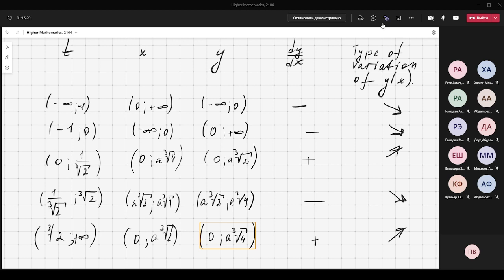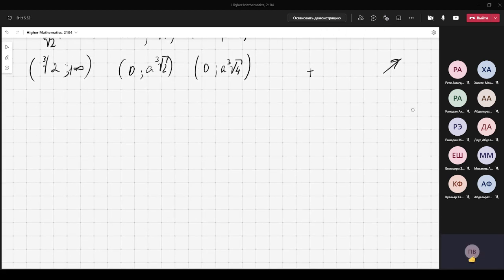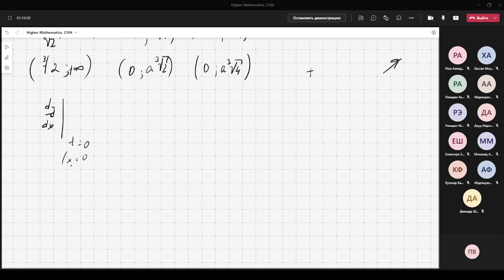From 3', we find dy over dx at the point t is 0, x is 0, y is 0, equals 0. dy over dx at the point t is infinity, x is 0, y is 0, equals infinity.